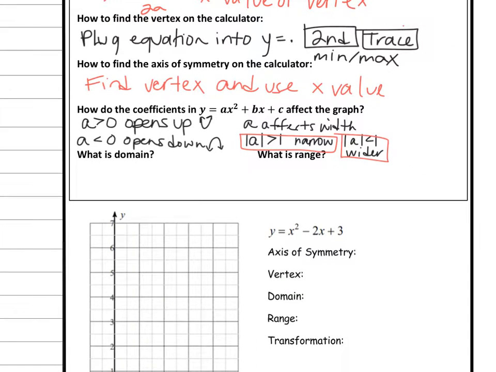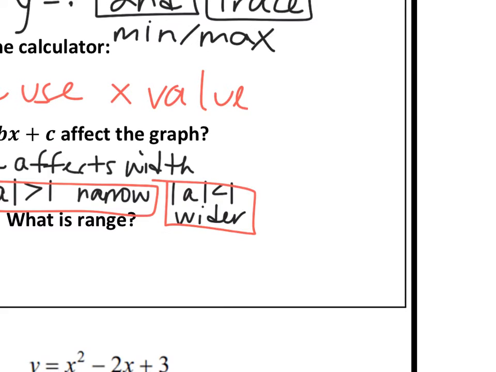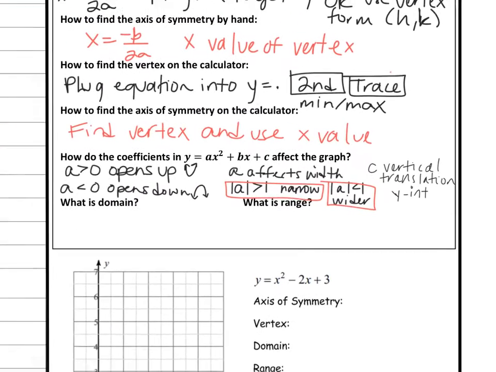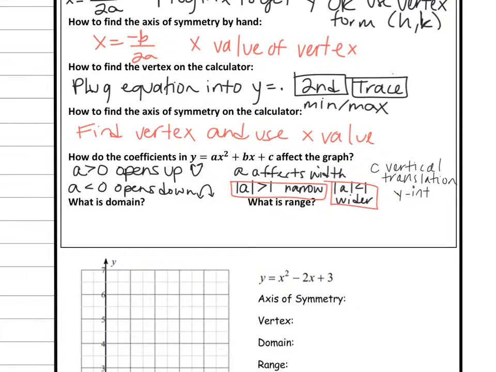C gives a vertical translation. And it's the y-intercept if we're in standard form. Domain is x values.